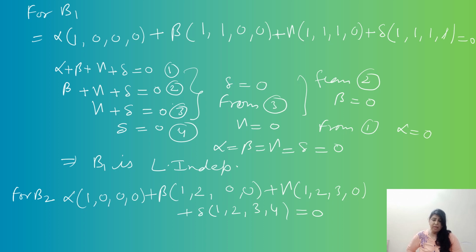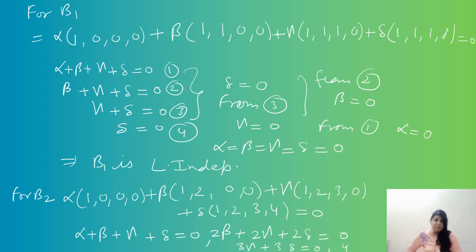So again we will get the equations: alpha plus beta plus gamma plus delta is equal to 0. Then 2 beta plus 2 gamma plus 2 delta is equal to 0. Then 3 gamma plus 3 delta is equal to 0. Then 4 delta is equal to 0.